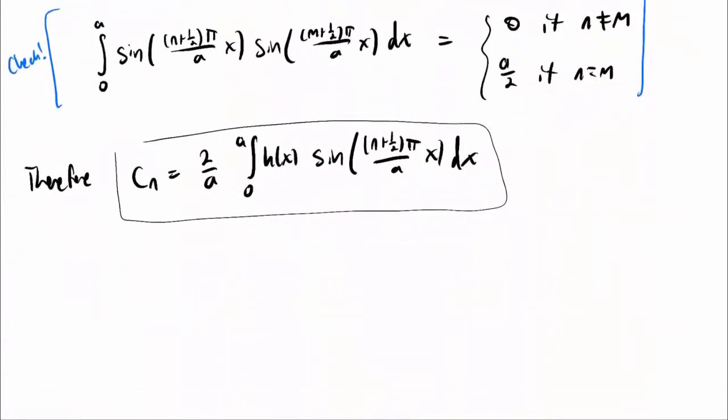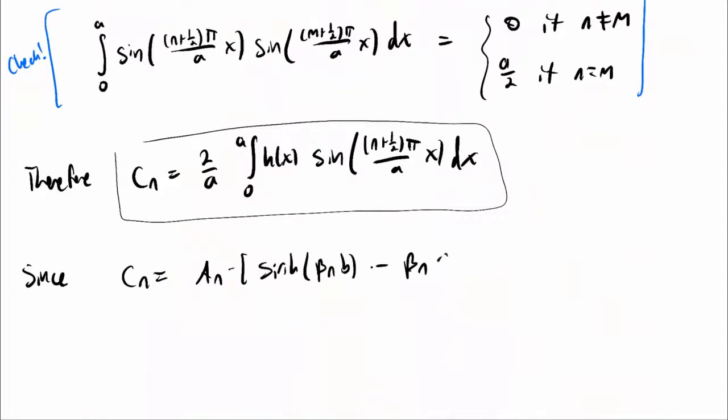Since Cn is equal to An times hyperbolic sine of beta n b minus beta n hyperbolic cosine of beta n b, now we know An. In particular, An is going to be the Fourier coefficient of h calculated in an appropriate way with respect to these functions, and then divided by this constant.